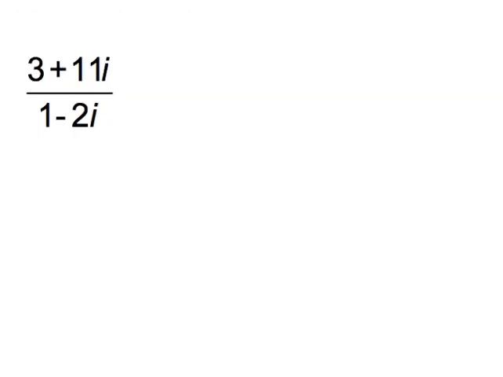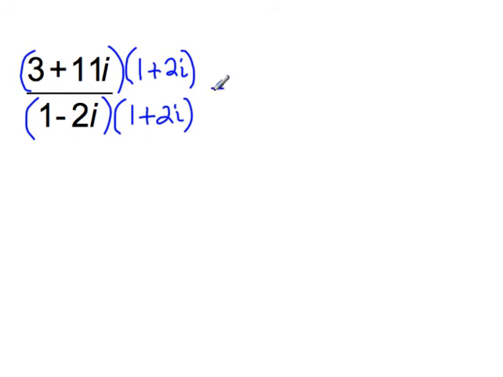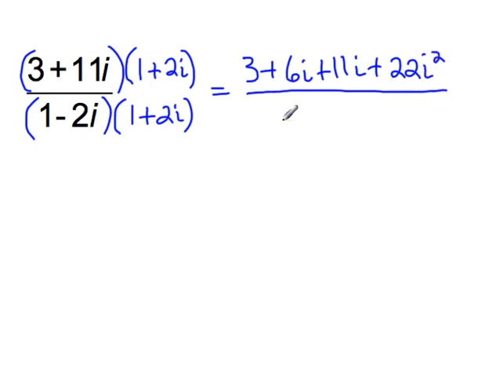One more, just to make sure we understand complex conjugate. If I want to get rid of that i in the denominator, I would multiply top and bottom by 1 plus 2i. We're just changing that middle sign when we do our multiplication. And then when we do this, if I FOIL this out, it's going to be 3 plus 6i plus 11i plus 22i squared, all over 1.